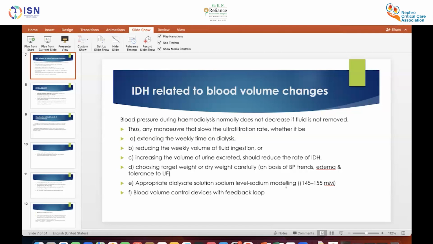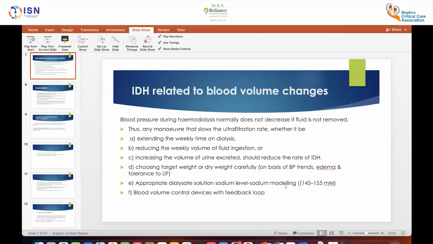And the patient will ask for more water. So that's why our aims and objectives is that basically during dialysis, we have to keep the patient at slightly less sodium content.